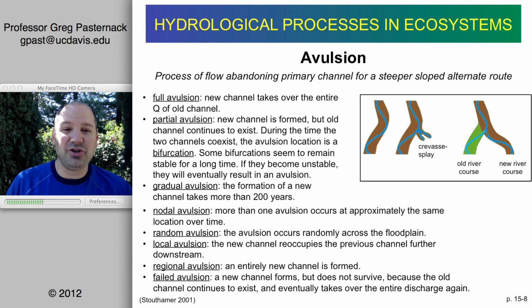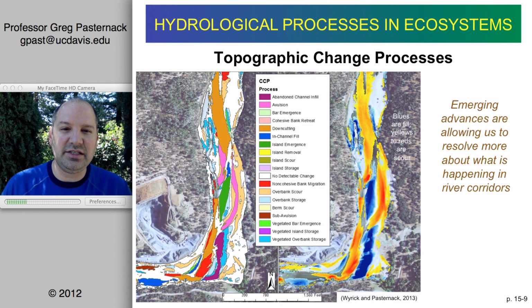And actually, there's been a terrific renaissance just in the last few years in which we've learned a lot more about the different processes by which rivers change. This is a study that was done by a postdoc and I, in which we characterized all the different processes that are taking place in a channel and floodplain in a section of the lower Yuba River. In the middle are the names of all the different processes.